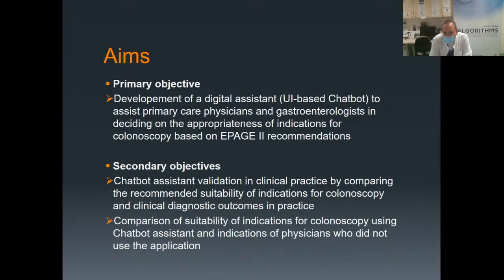Also, our secondary objectives will be, after the chatbot is created and used, to make a validation in clinical practice by comparing the recommended indications for colonoscopy from the artificial intelligence system with diagnostic outcomes in practice, and also to compare the suitability of these indications for colonoscopy observed by chatbot assistant with different indications by other physicians who will not use the application. Next slide.